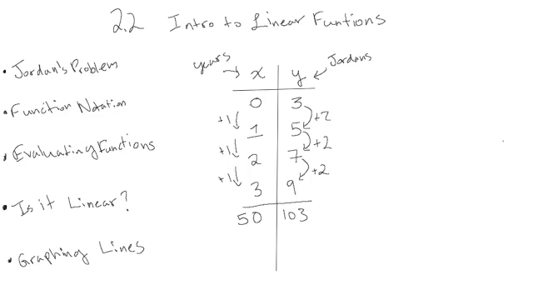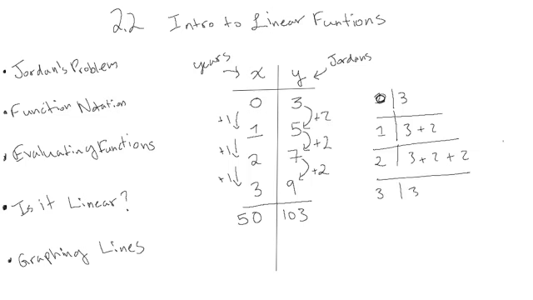One of the ways that I've seen it done is somebody could say, okay, well, he starts with, so year 1 or year 0, he just starts with 3. And then the next year, it's 3 plus 2, right? Because he got 2 Jordans that year. And then the next year would be 3 plus 2 plus 2. And then the next year would be 3 plus 2 plus 2 plus 2.